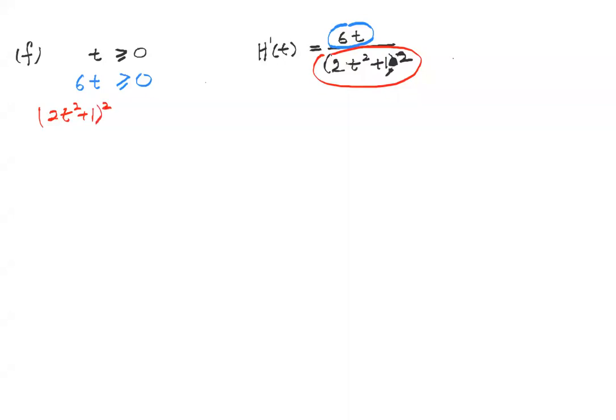A square number is definitely positive. Am I right? So therefore, what can you say about your h prime t? Definitely greater than or equal to 0. Am I right?